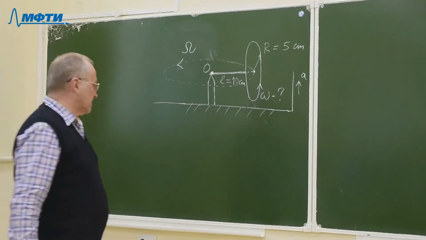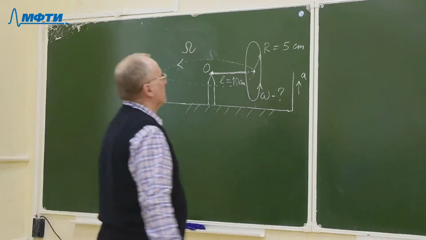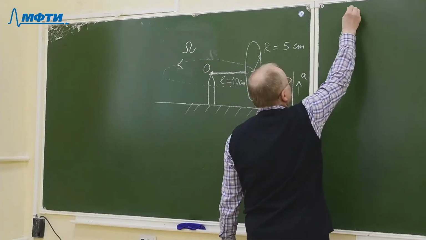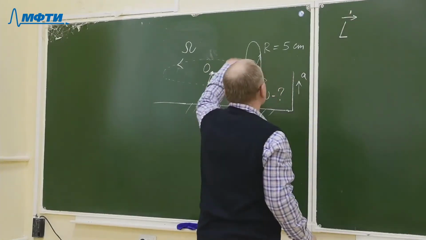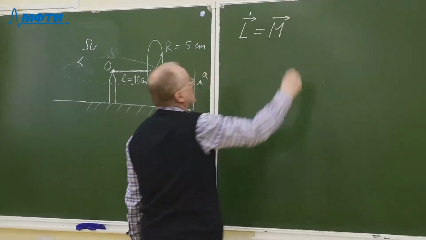So, what law of physics should be applied in this problem? Certainly, the law of momenta, that is, the rate of change of angular momentum of this disk equals the torque of external forces.